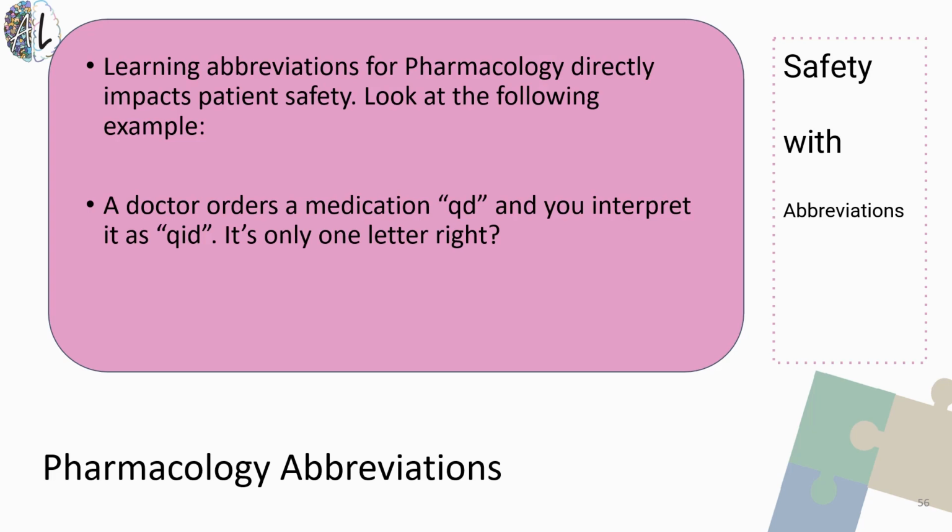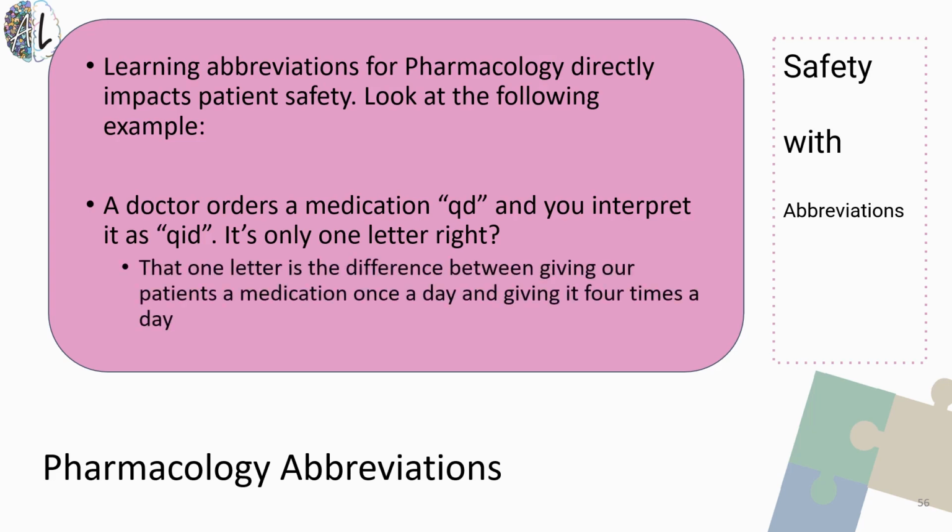If you pull out that word list, you're going to see that QID refers to 4 times a day, where QD refers to just once per day. If you mistakenly read QD and QID opposite, you're either over-medicating your patients or under-medicating your patients significantly. And so making sure that you truly understand the difference and sort of memorizing those slight differences in the different amounts of medications is extremely important when it comes to safety for your patients.